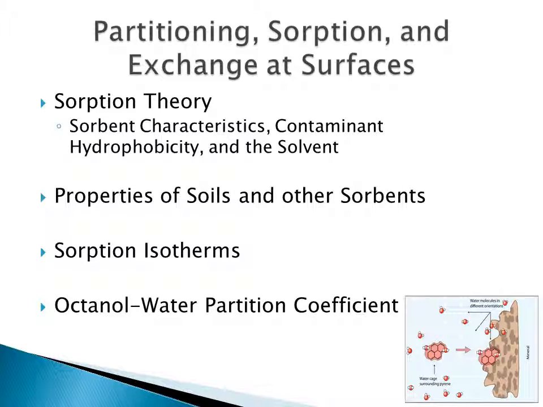Numerous mathematical formulas or graphs called isotherms have been developed to describe sorption. An isotherm is a plot of the extent to which sorption occurs at successively higher concentrations of sorbate at constant temperature. Isotherm plots provide a graphical representation of material sorbed as a function of the equilibrium concentration of sorbate.